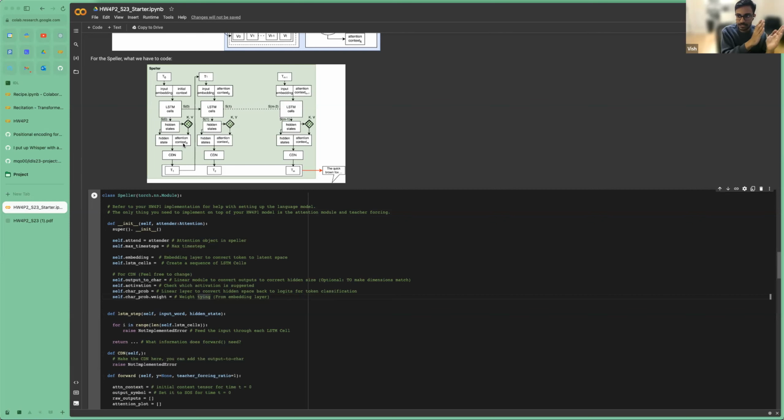That's not going to be the same size as your embedding size. So you need an intermediate layer that converts hidden state size plus context size to embedding size, so that you can go back with your character probability layer from embedding size to vocab size. That way you can equate the matrices correctly when doing weight tying. Did that make sense? That might have been a lot. I'll repeat it if that didn't make sense.